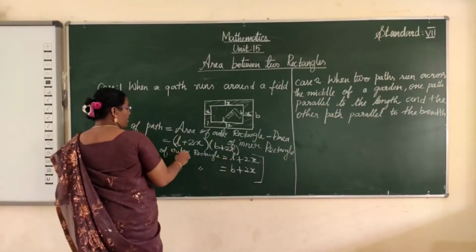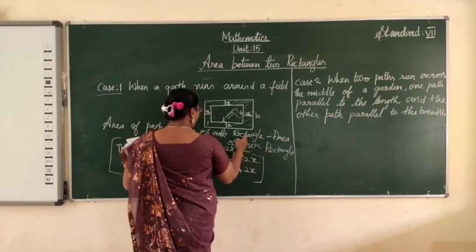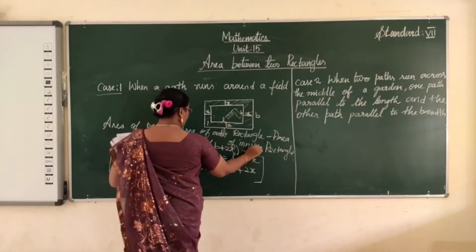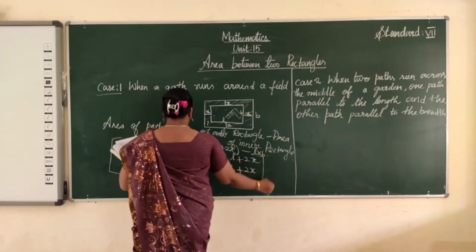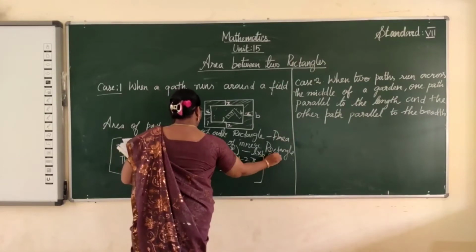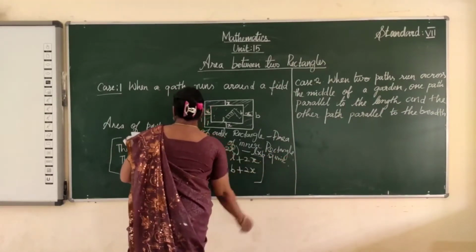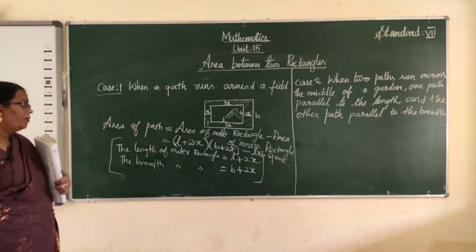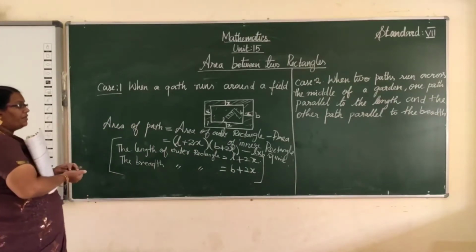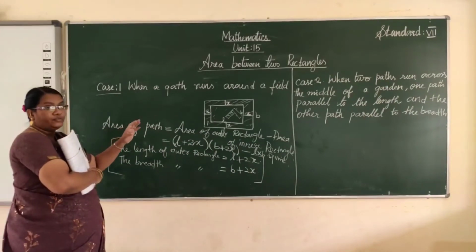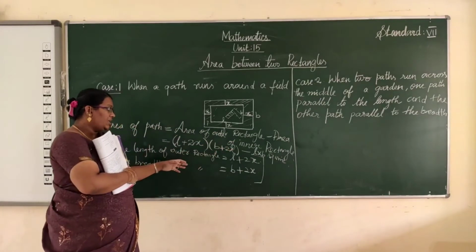Minus area of the inner rectangle L into b square units. This is the formula for the area of the pathway: area of the outer rectangle minus area of the inner rectangle.